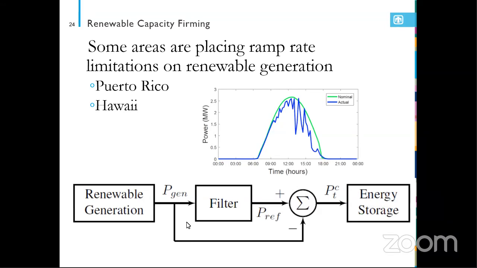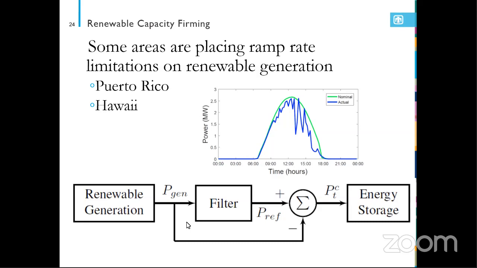Renewable capacity firming. So this is just the second by second adjustment of output power for smoothing renewable generation. This is pretty common in Puerto Rico and Hawaii. And usually it's a penalty avoidance maneuver. Both Puerto Rico and Hawaii have penalties on renewable generation if their output varies too quickly.